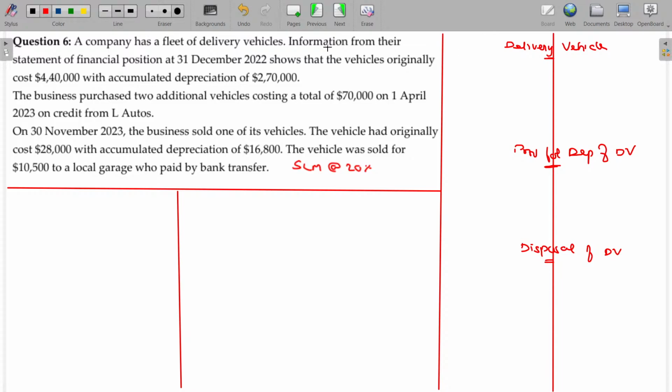In the delivery vehicle account: balance brought down, bank for purchases, disposal for the asset disposed. All these values are recorded at cost, and the balance carried down comes here as balance brought down.